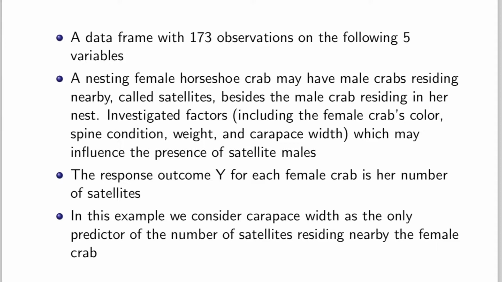The study investigated factors that affect whether the female crab had any other males, called satellites, residing nearby her. The response outcome for each female crab is her number of satellites, and in this example, we consider carapace width as the only predictor of the number of satellites residing nearby the female crab.